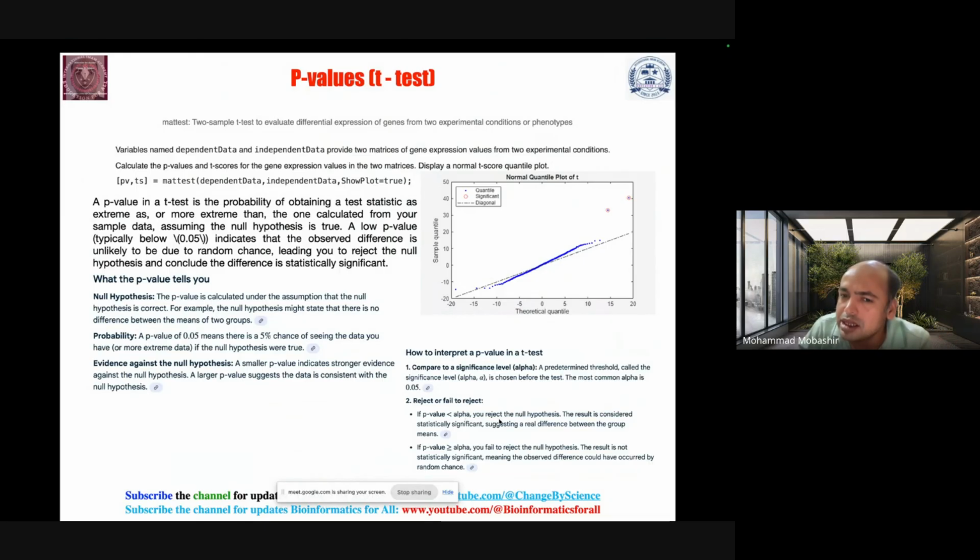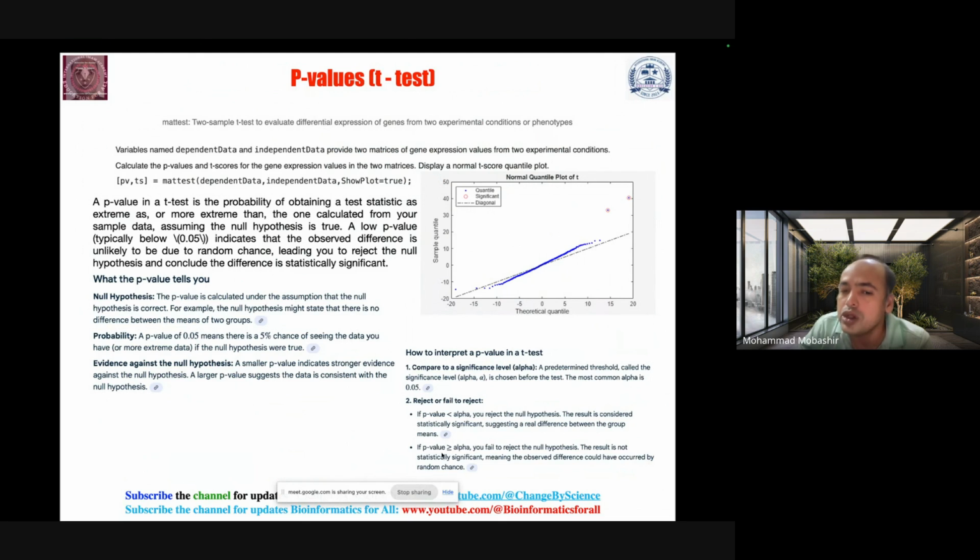This is how you can write the p-value command in R, Python, Perl or MATLAB. The result is considered statistically significant when the p-value is less than or equal to 0.05, suggesting a real difference between the group means.